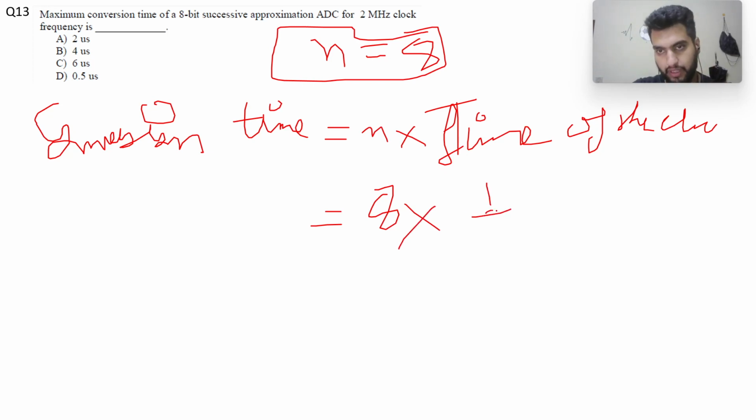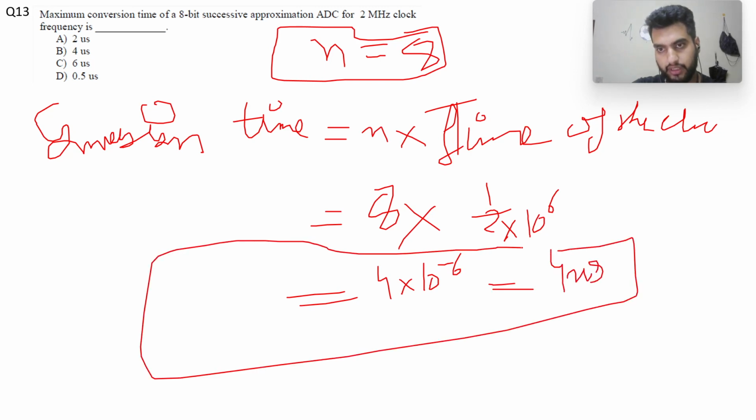So that is 1 by 2 into 10 to power 6. So it's 4 into 10 to power minus 6. So it's 4 microsecond. So the maximum conversion time for an 8-bit successive approximation ADC is 4 microsecond.